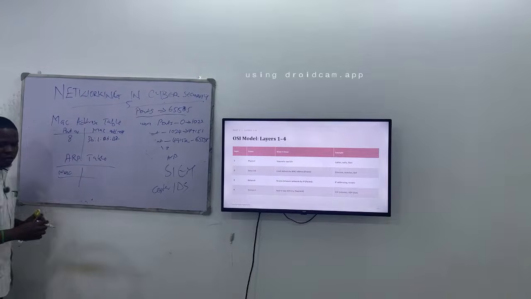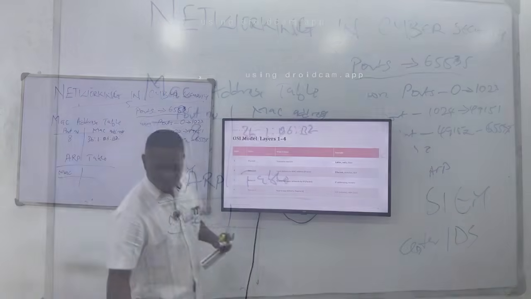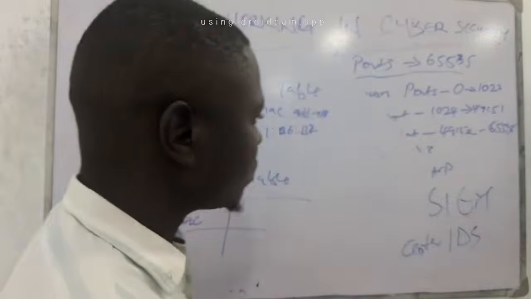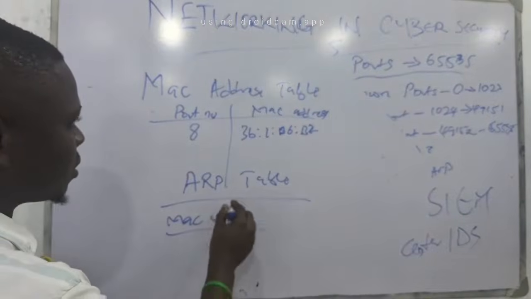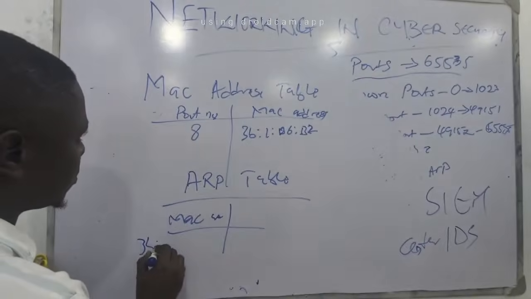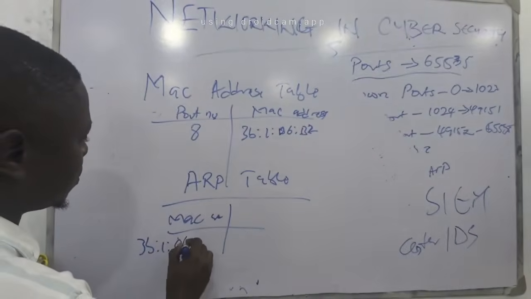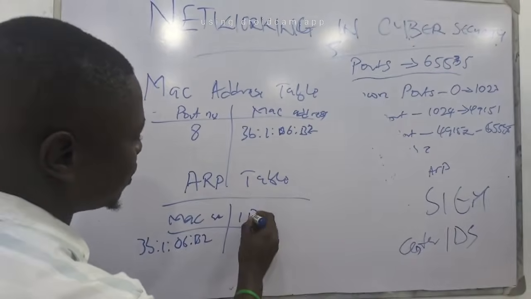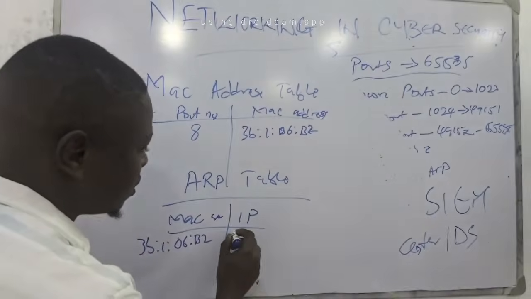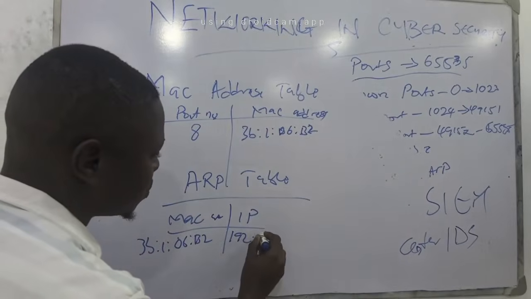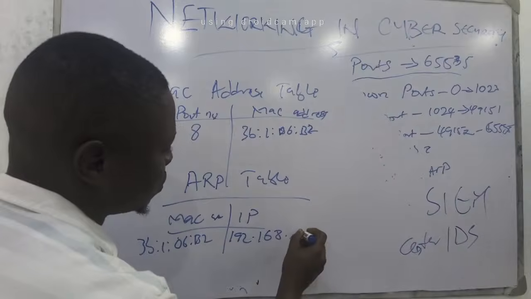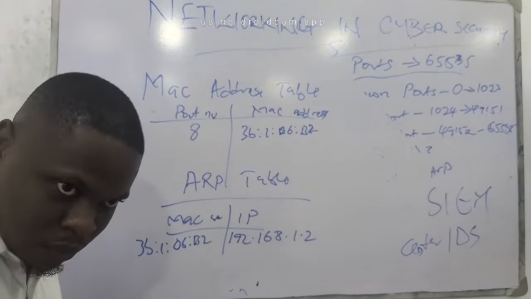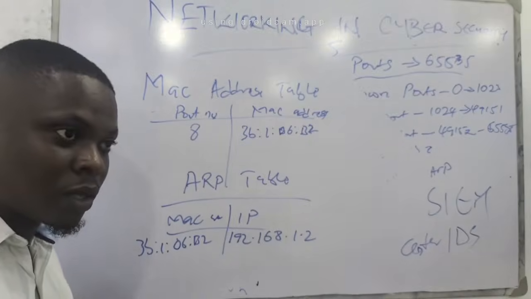Then the IP address comes here, and the IP address is assigned to this, 192.168.1.2. Is it clear? Altogether, right?